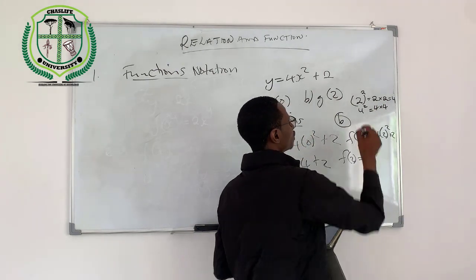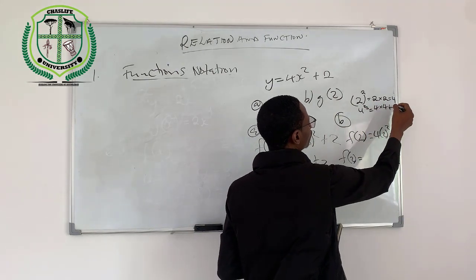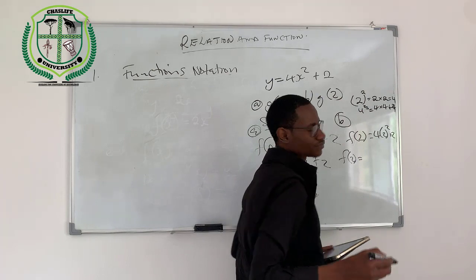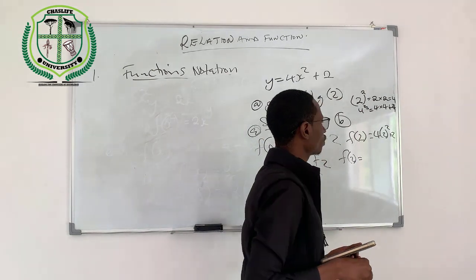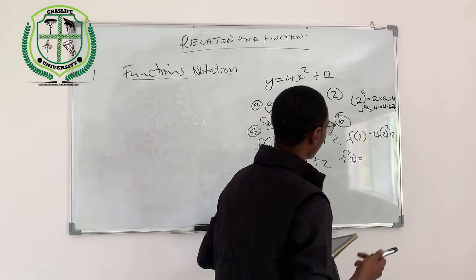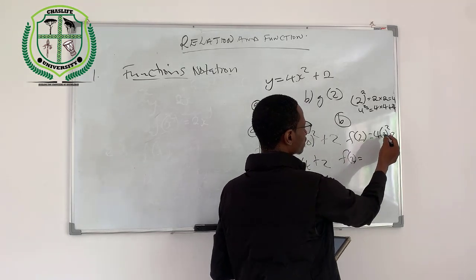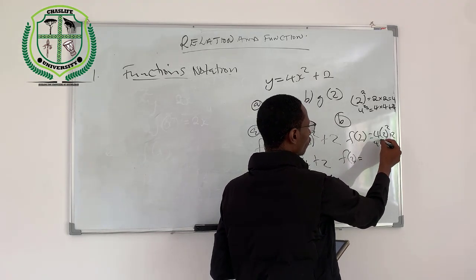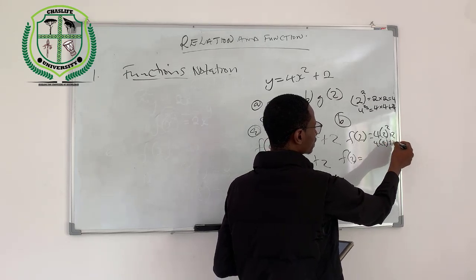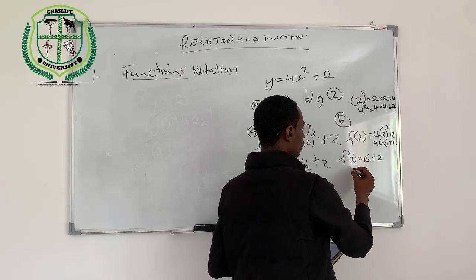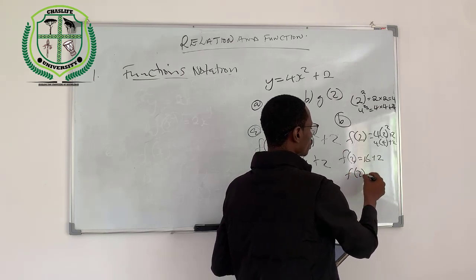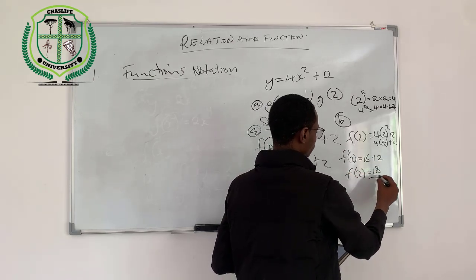That's what we mean when we say square. So this is 16, because 4 times 4 is 16. So 16 plus 2, what are we getting? f of 2 is going to be 18.